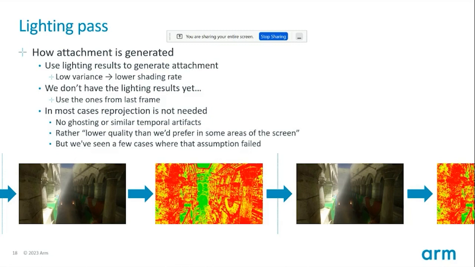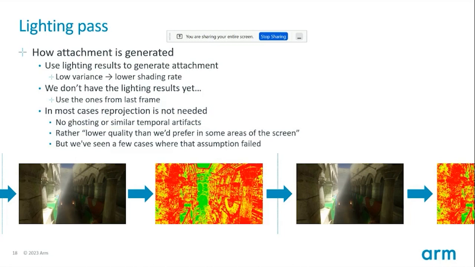Now, anyone familiar with temporal techniques will object that we're going to have to do reprojection and probably a bunch of other error-correcting things, or else we're going to get ghosting or other horrible temporal artifacts. But in the case of VRS, we don't really get ghosting or similar artifacts. What we get is that certain areas of the image have a bit lower quality or a bit higher quality than we would have preferred. Higher quality is obviously not an issue.